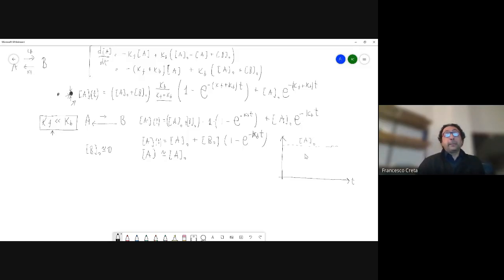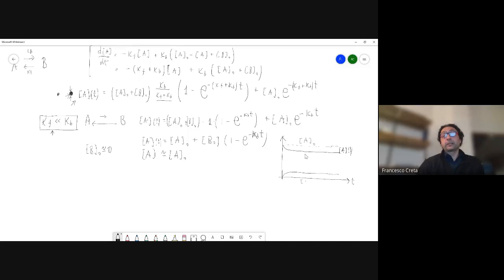What's going to happen is A will decrease a little bit, as you can see, there is a 1 minus, but it will stay very close to A0. This is A(t). And what about B? It will increase slightly, but stay very close to B0.